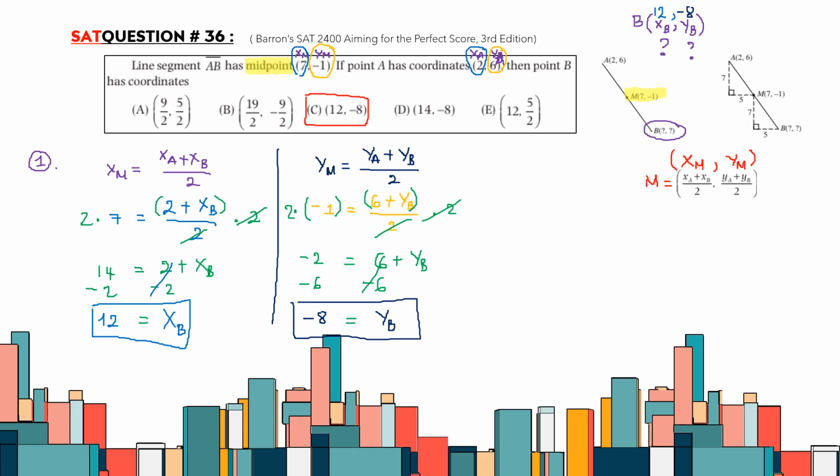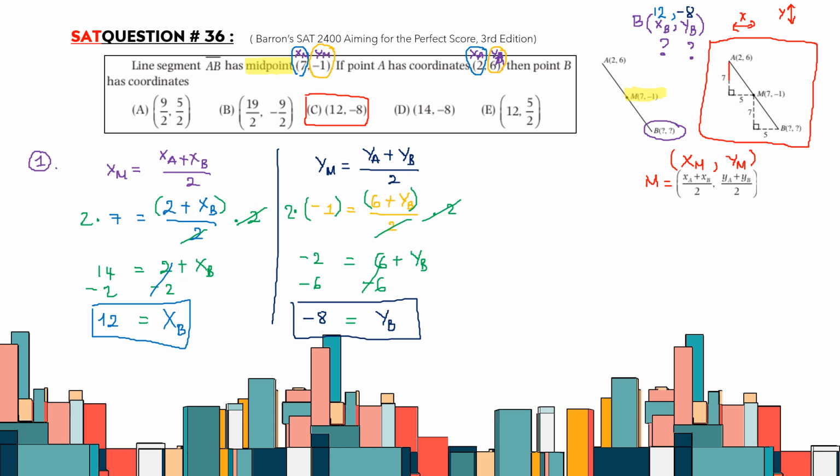So let's explain the diagram here. You see that the distance going down will be divided in half. From 6 to negative 1, the y value is up and down, vertically. The x value is horizontal.